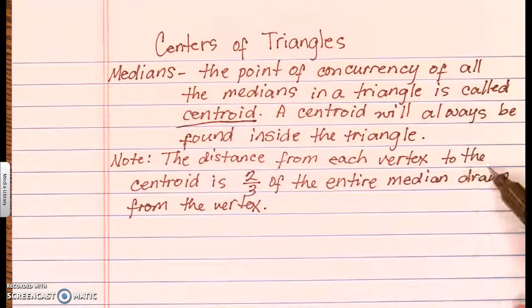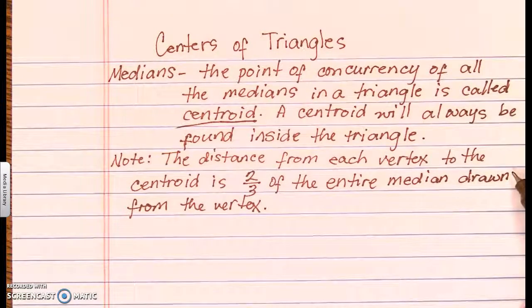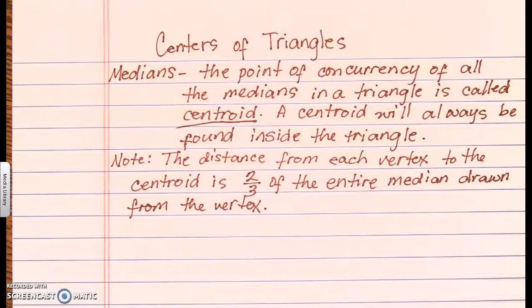There is a special relationship between the centroids of a triangle, and the distance from each vertex to the centroid is 2/3 of the entire median drawn from the vertex.